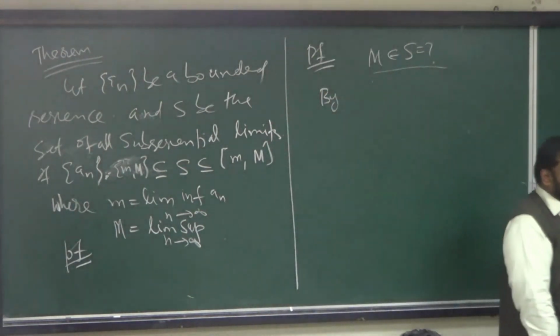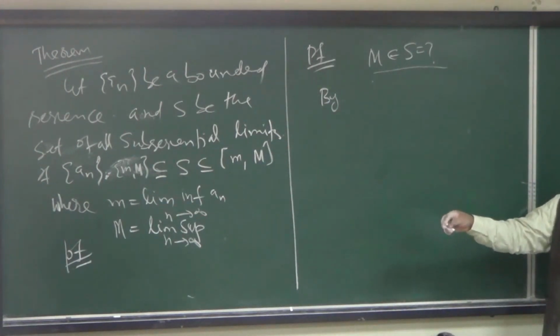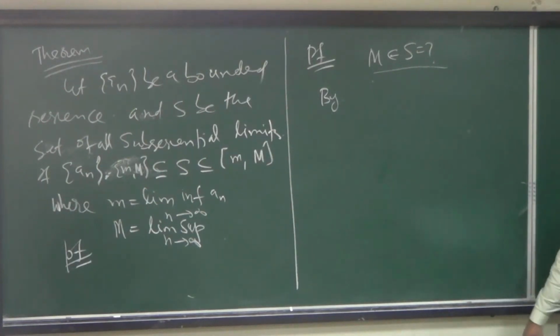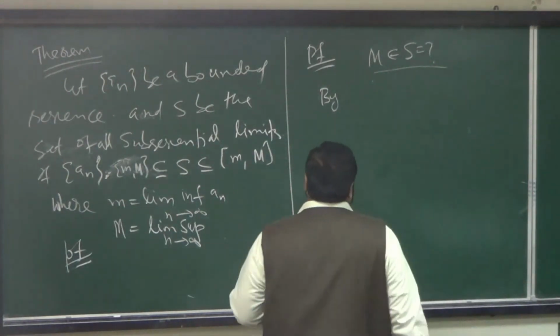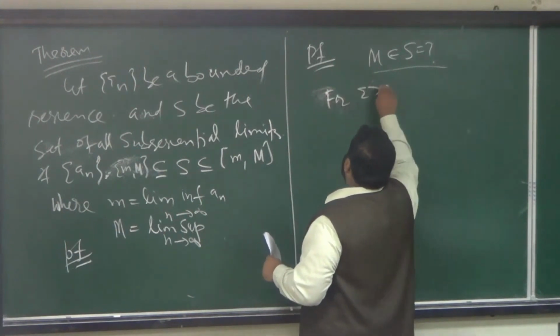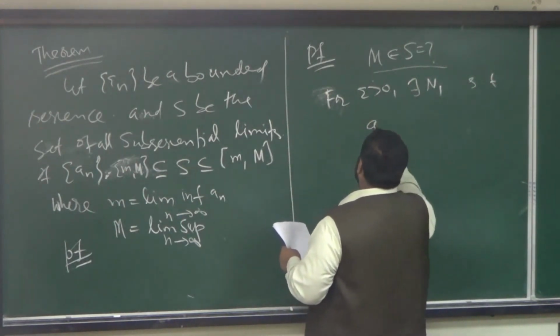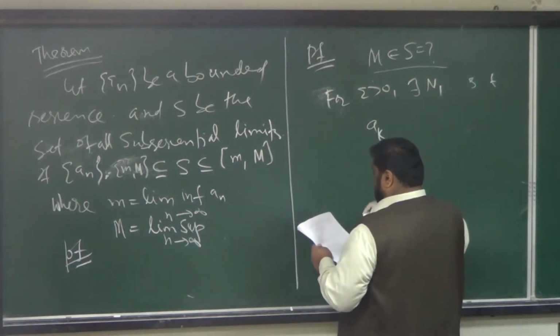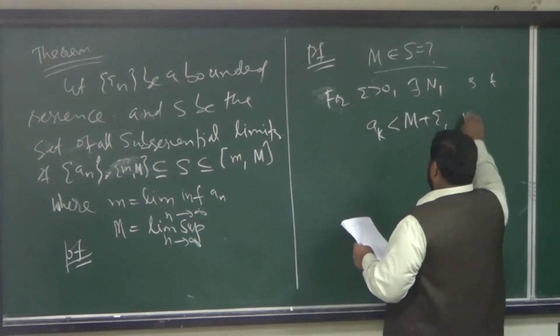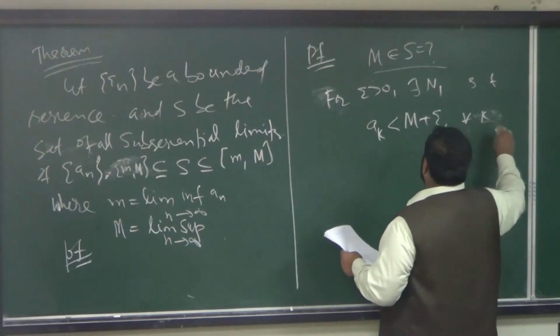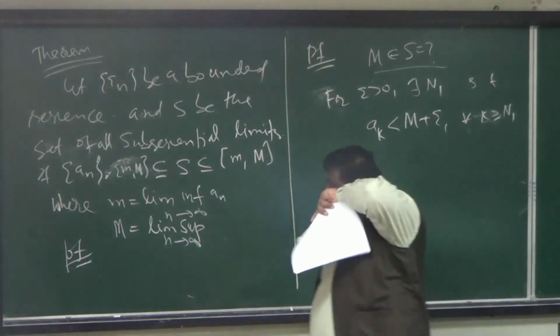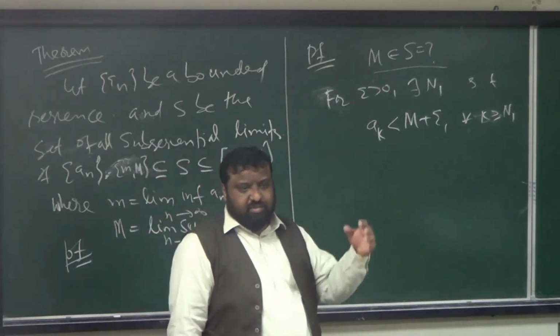By one of the previous results, the result that we proved before the last result, in which we say that a_n minus L is less than epsilon for all n bigger than or equal to N. So for epsilon positive, there exists N1 such that a_k is less than M plus epsilon for all k bigger than or equal to N1.